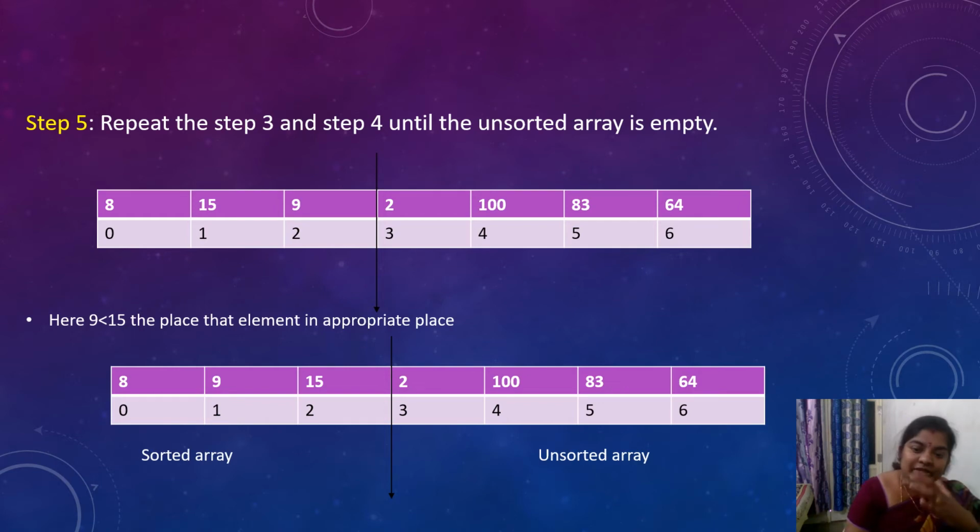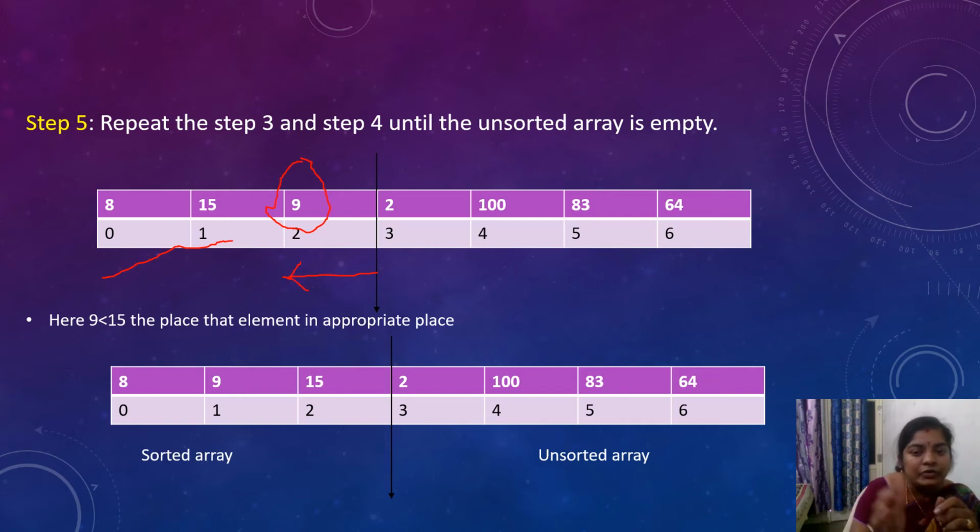What is the first element in the unsorted array? The first element is 9. So move that 9 into the sorted array list. Now again compare this 9 with the existing elements.